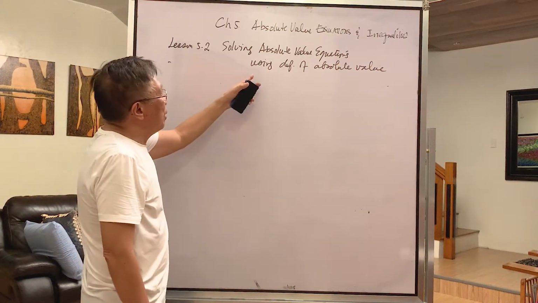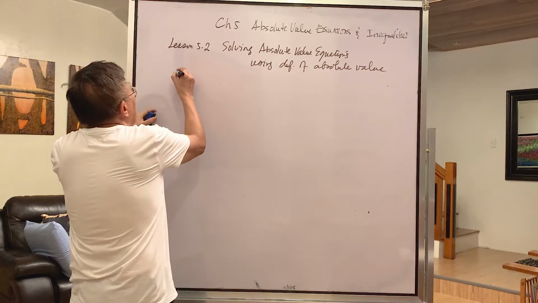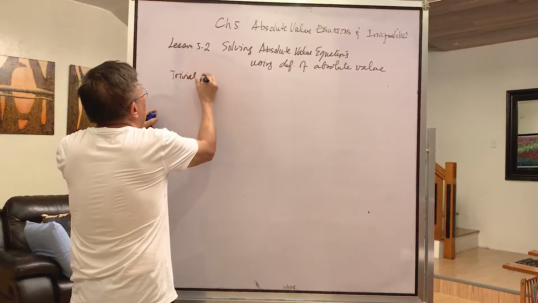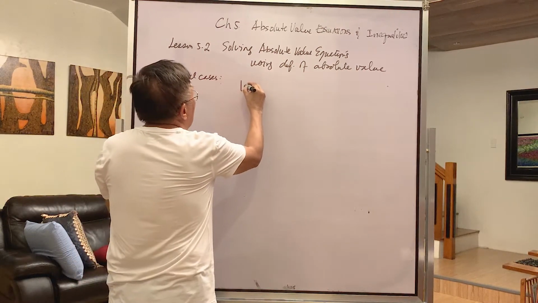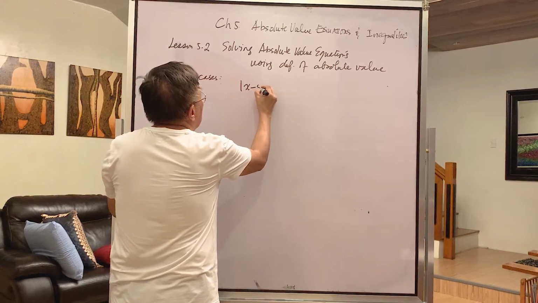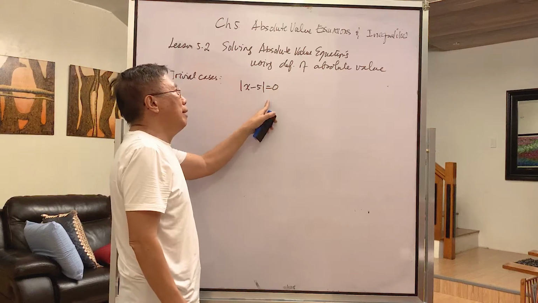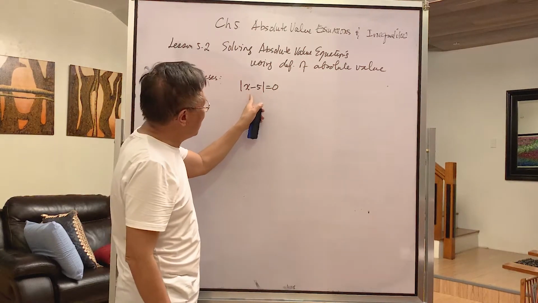But before we use the definition of absolute value, we can try to find these trivial cases. For example, absolute value of x minus 5 equals 0 is considered trivial, meaning your solution can just be guessed.